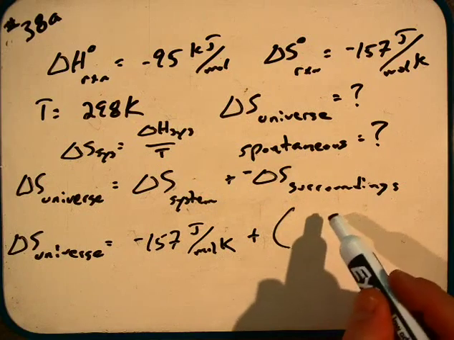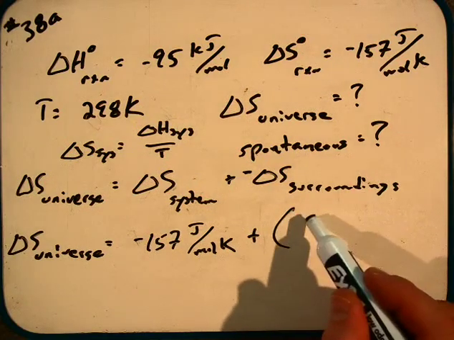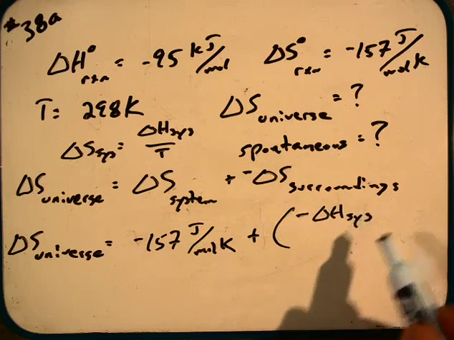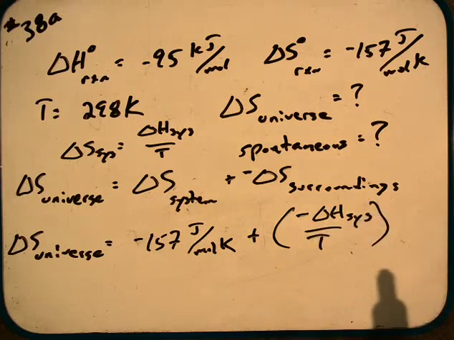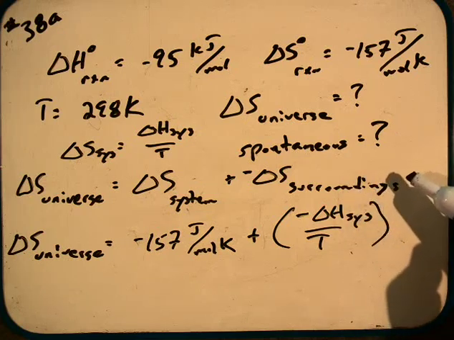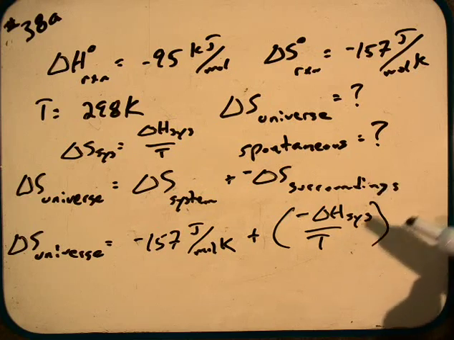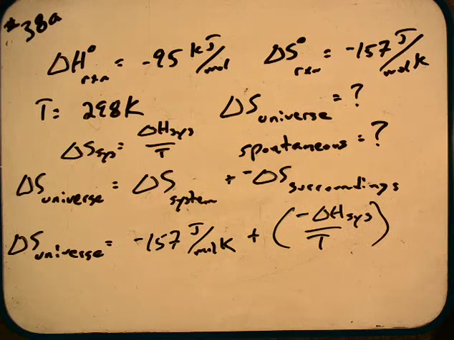So the delta S of the surroundings is equal to the delta H of the surroundings over temperature, which means it would be equal to negative delta H of the system. Remember that it's equal in magnitude, opposite in sign for delta H's. Since we're using the system delta H, that's why we have the negative sign out in front.